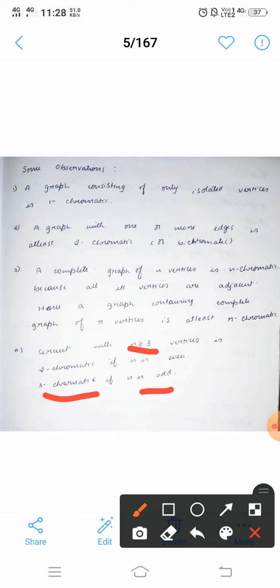If a graph contains a circuit of odd length, that circuit itself needs at least three colors to paint.